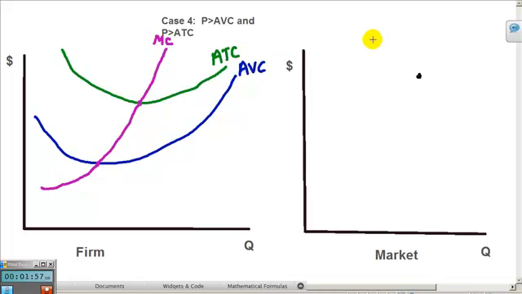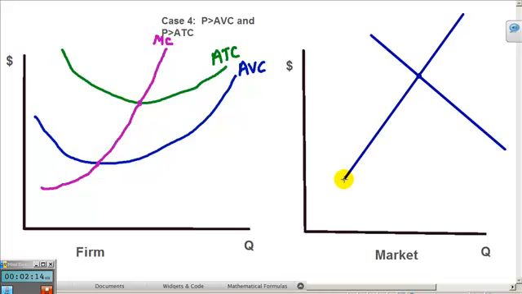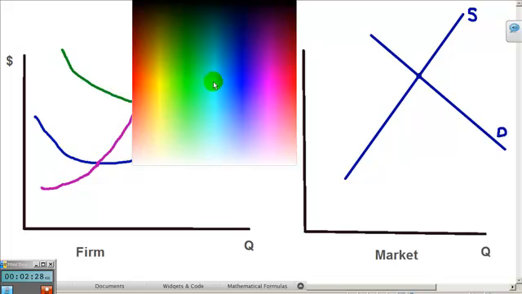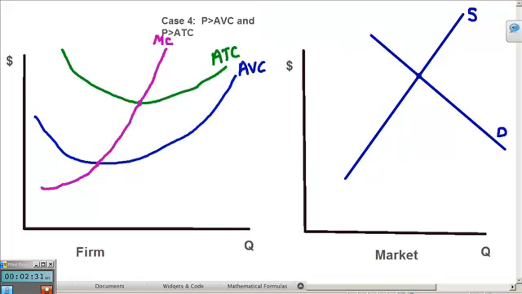So here is our demand curve out in the market, and then here is the supply curve. And here is the price.